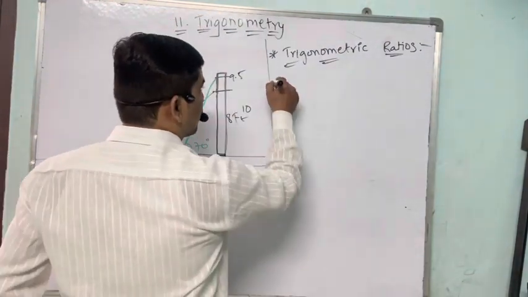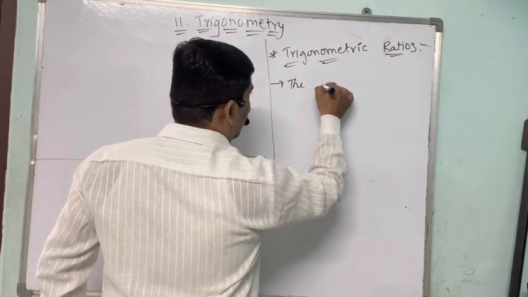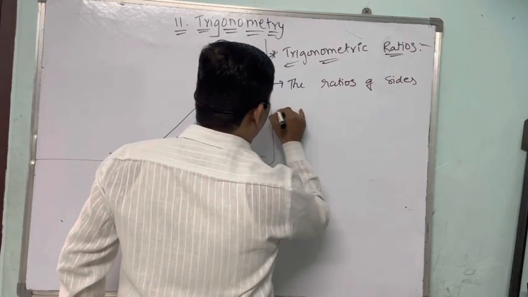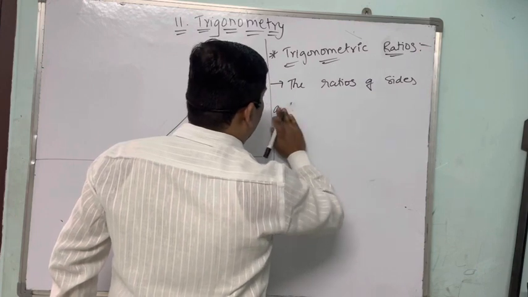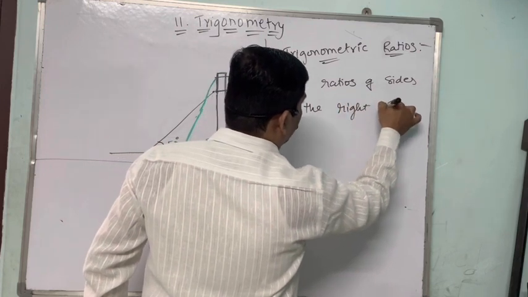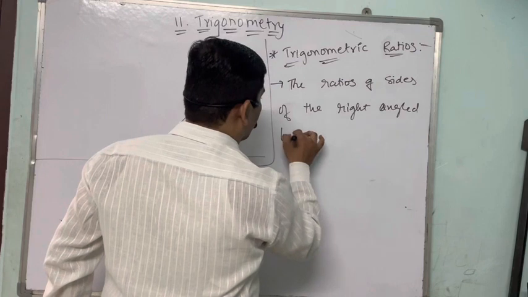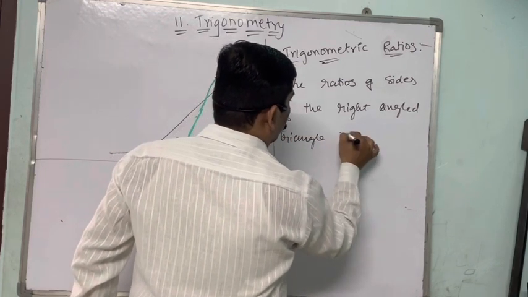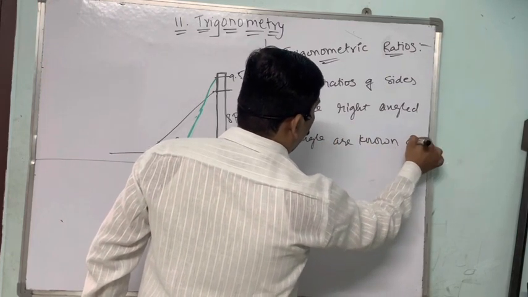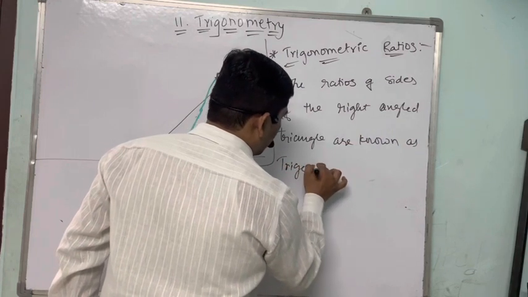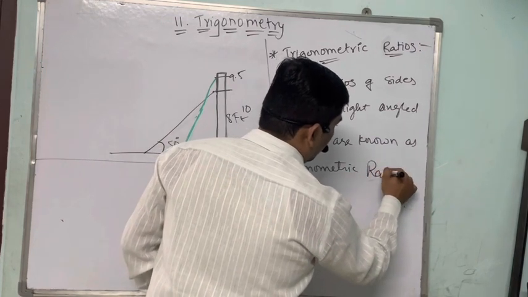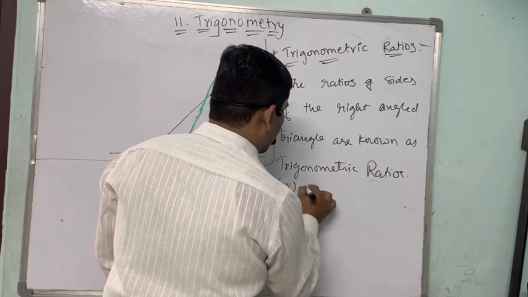See, definition. The ratio of sides of the right angled triangle is known, or are known, as trigonometric ratios, or simply we call them T ratios.